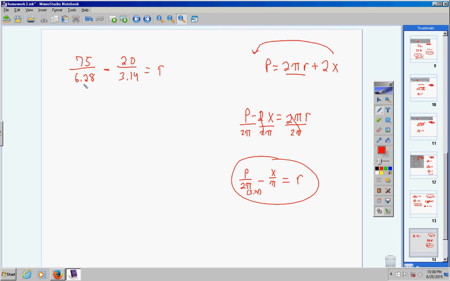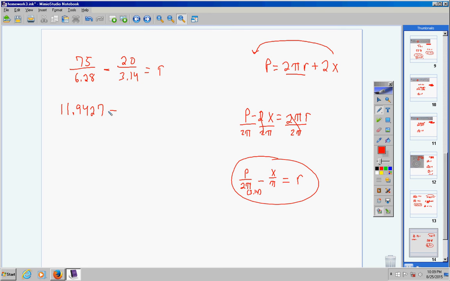Now, real quick with your calculator, I mean, you could try to get a common denominator, but I would just take 75 divided by 6.28, and you would get 11.9427. Now, where you round is up to you, okay? Over here, I have 20 divided by 3.14.